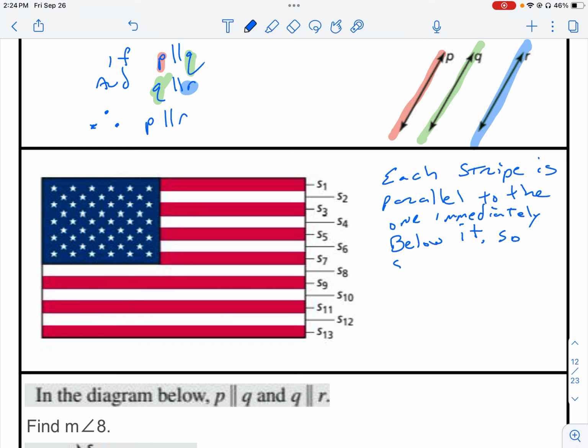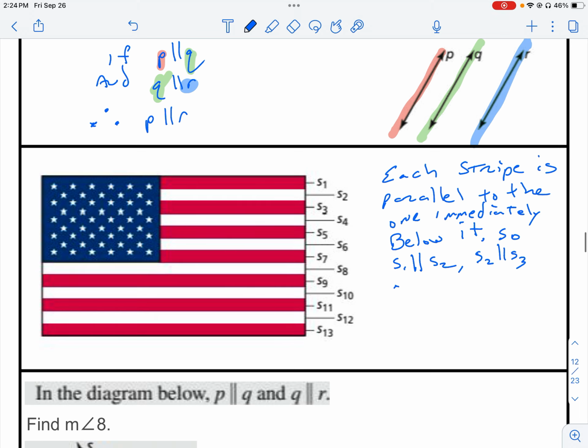So S1 is parallel to S2, S2 is parallel to S3, and so on.